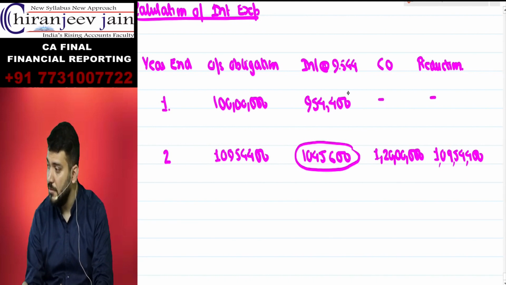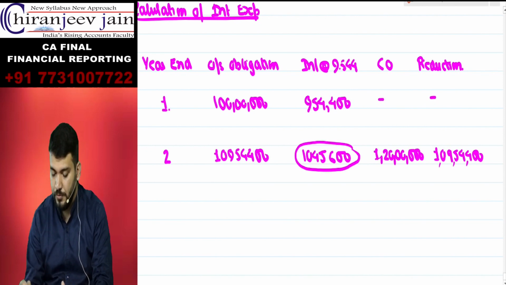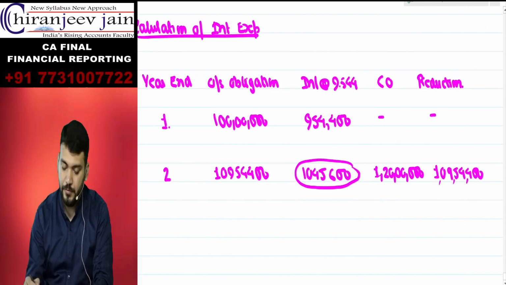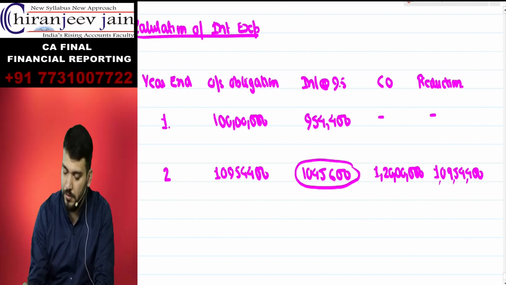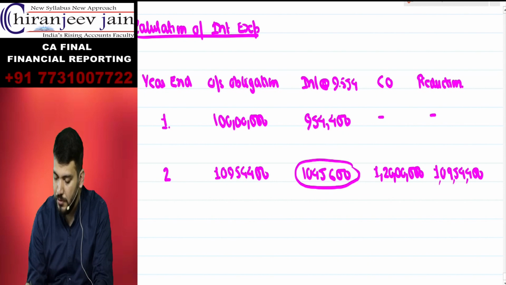Nine point? What nine point? Where? This is wrong. 9.544. 9.554. 554? Chalo, happy. Okay, this will change?